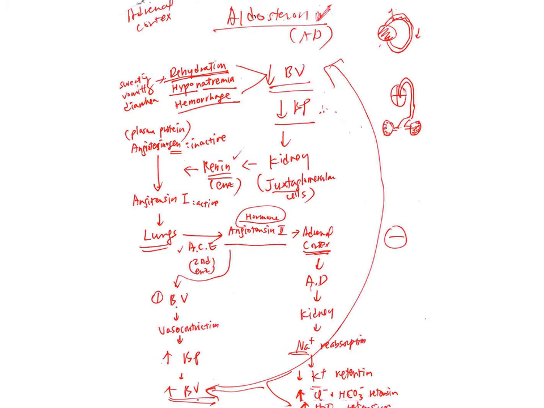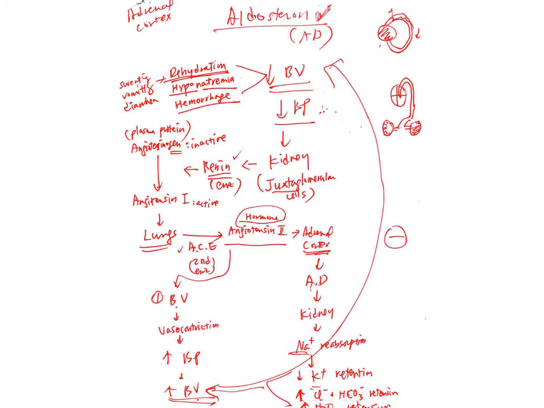convert angiotensinogen, which is the inactive plasma protein always in the blood, into angiotensin 1, which in circulation goes to the lung, where the angiotensin converting enzyme converts angiotensin 1 to angiotensin 2. Now it becomes an active hormone, and it affects in two ways.